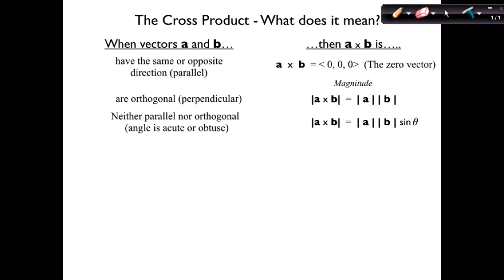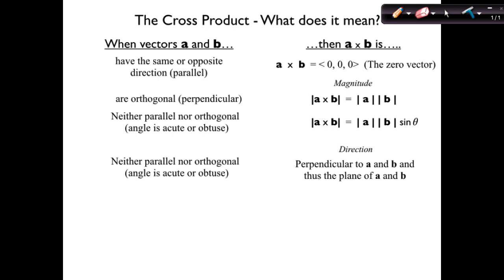And for direction, someone's observed that the direction is perpendicular to A and B, and thus perpendicular to the plane of A and B. I should say not parallel is what I meant to say here.